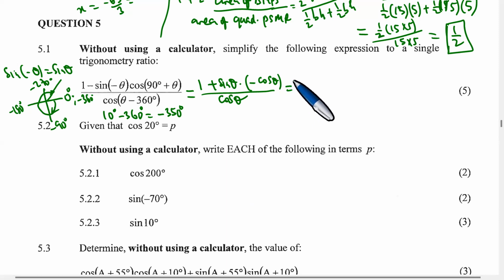Okay, look, a small typo. There's a cofunction change at 90. The 90 degrees plus is in the second quadrant, but there's a cofunction change, so this becomes minus sine theta.